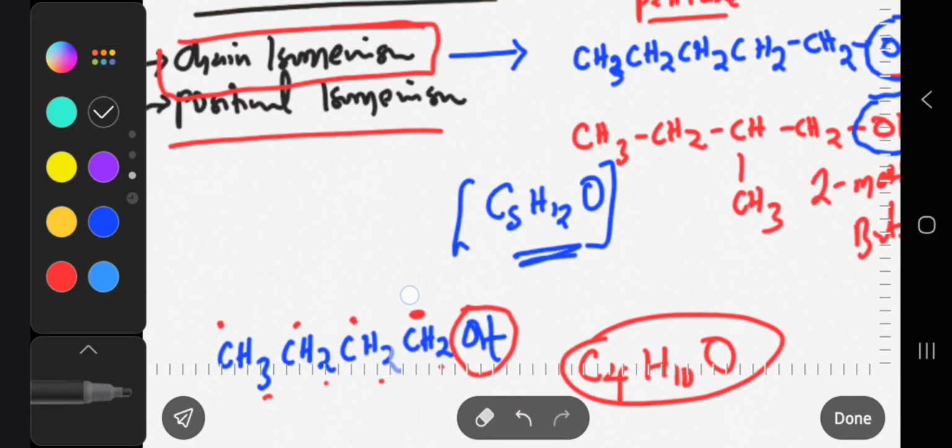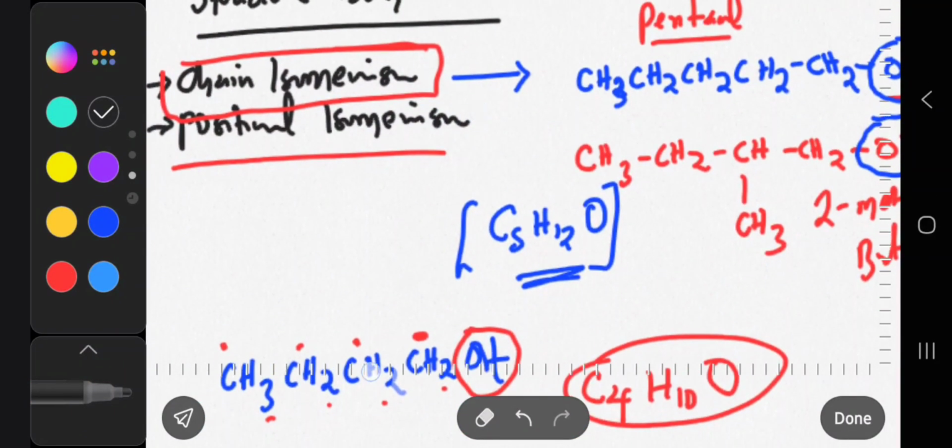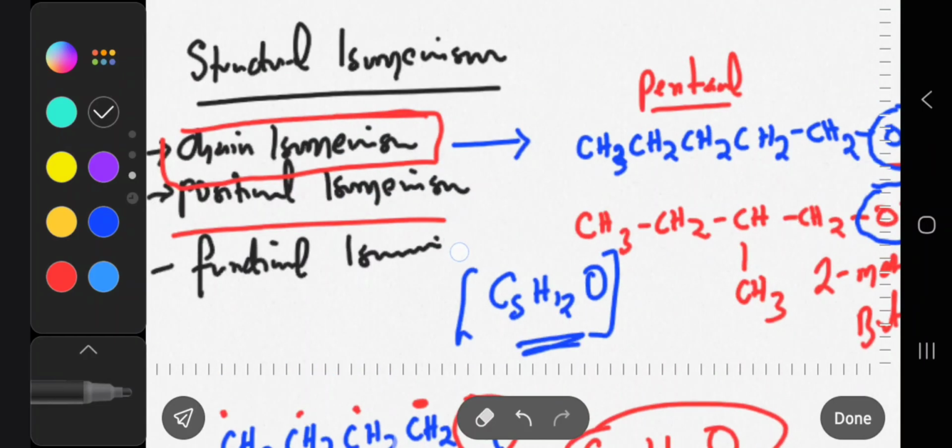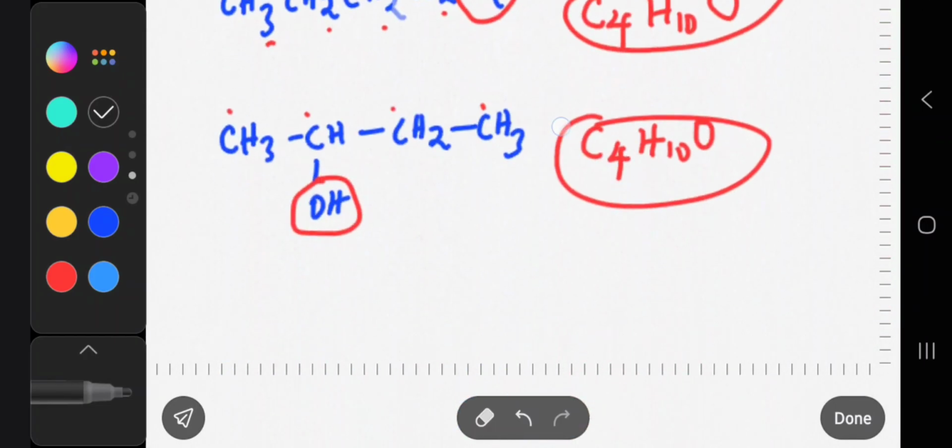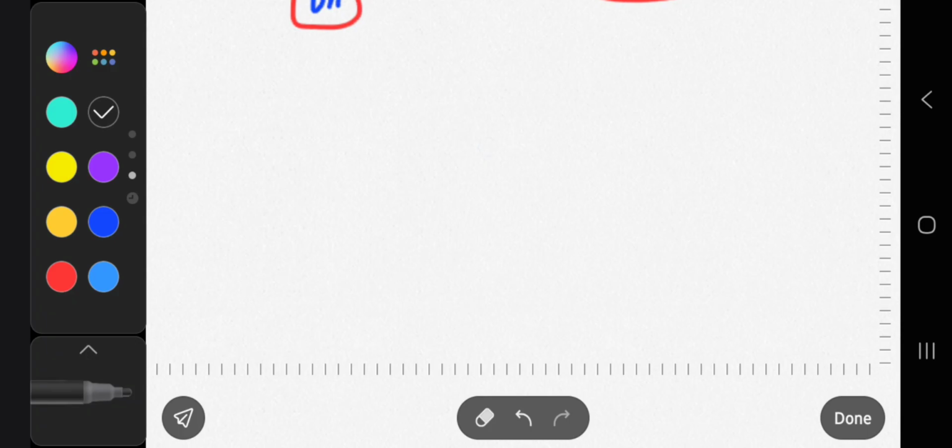So we have one other classification I omitted here. We also have functional isomerism as part of structural isomerism. Okay, so in structural isomerism, these compounds tend to have the same molecular formula.